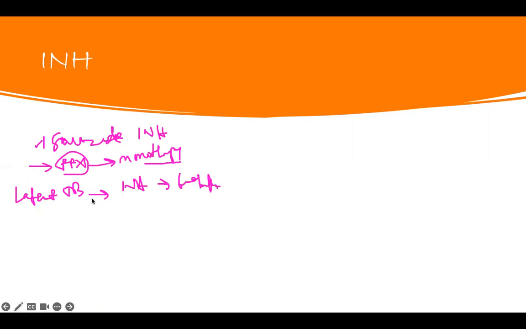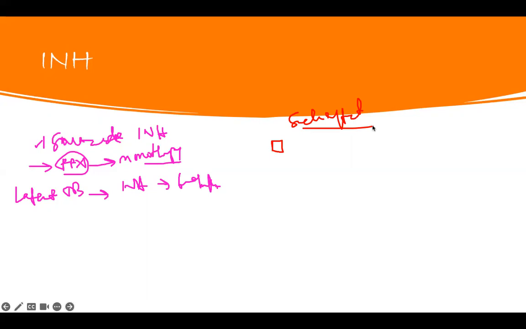So that's what is used for prophylaxis. This can be used as a monotherapy alone for latent TB. What they're going to ask you is the side effect. Okay, that's what the question is going to be. Side effect of the medication.